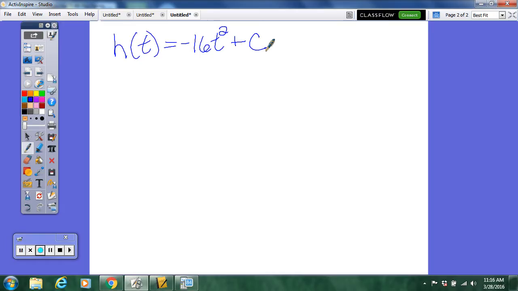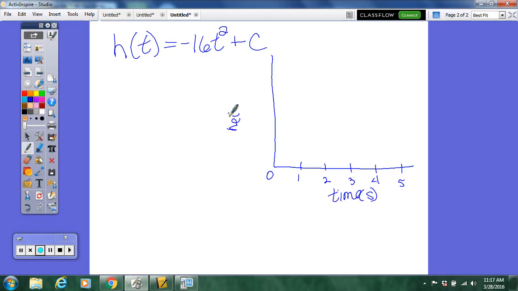Alright, so they've given you this table over here, and they've given you a graph, so they've helped you out by saying, okay, we're starting with time across the x-axis, and they've got it in seconds, and height, which is in feet.